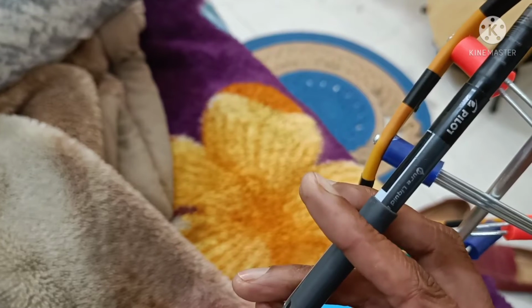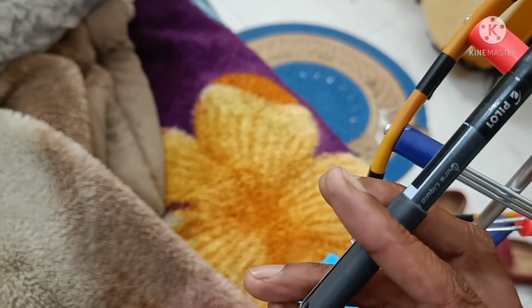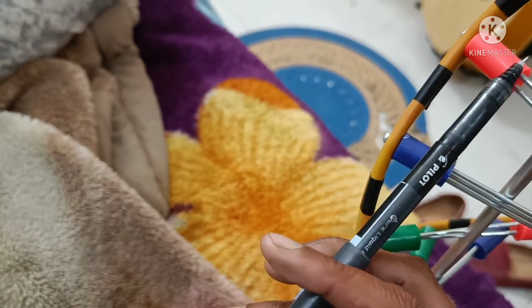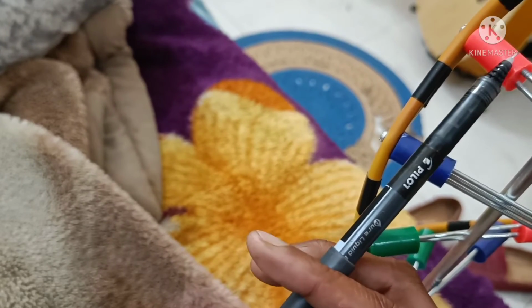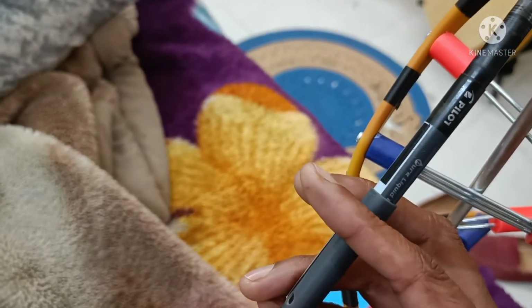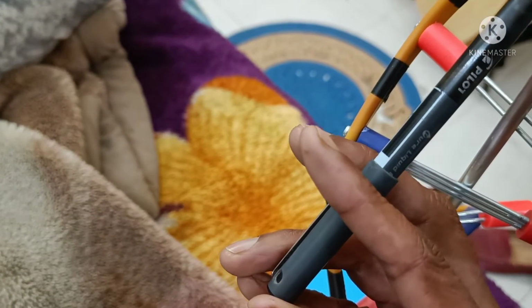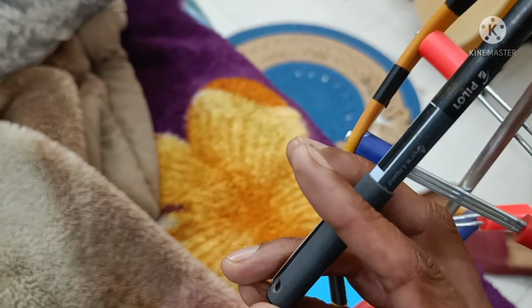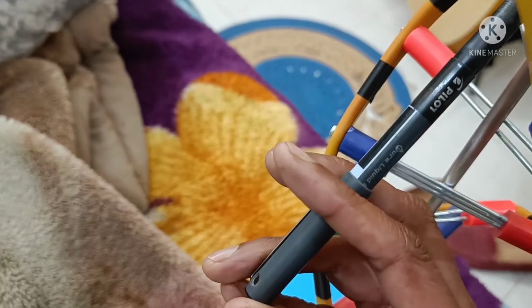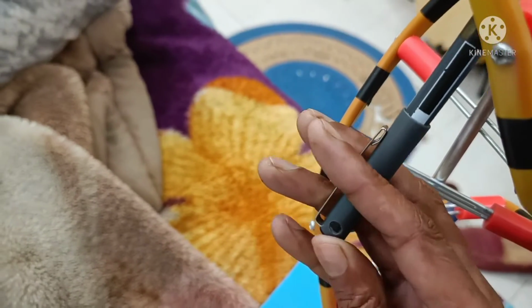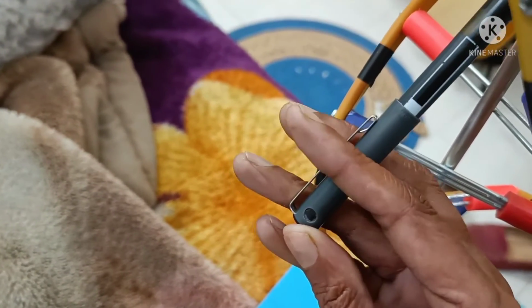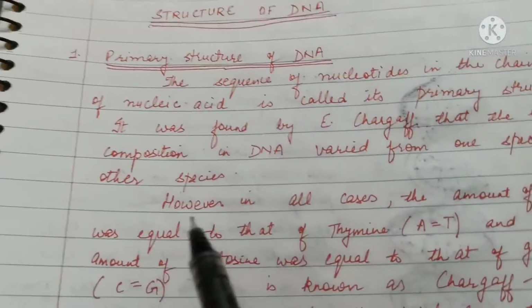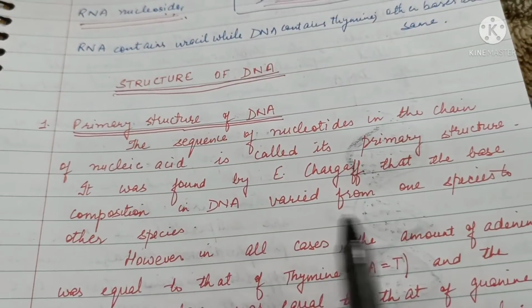Then orange colored is thymine. Then adenine. Then cytosine. Red colored is cytosine, and blue colored is guanine, and this green colored one is adenine. So this is the sequence. So it is the primary structure of the DNA.